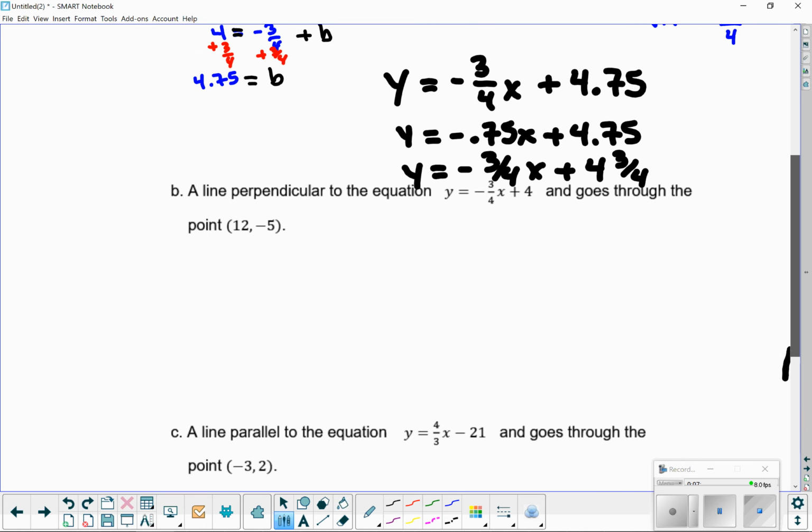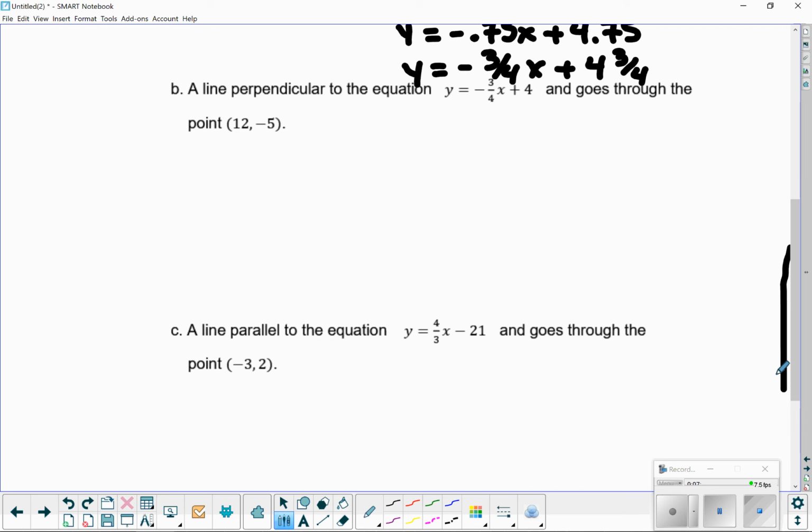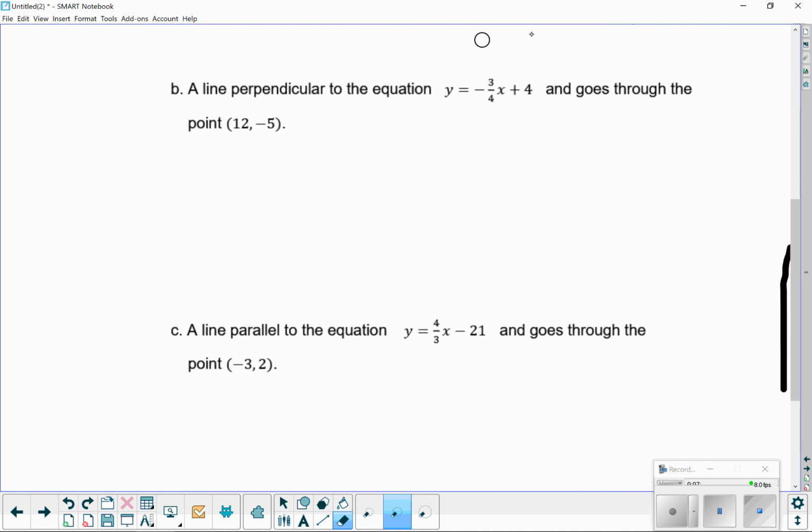Okay, letter B. The line perpendicular to the equation, negative 3/4 x plus 4, and goes through a point, 12, negative 5. Right, because it's perpendicular, we're going to go ahead and use that slope, but we're going to use it with a perpendicular line, which means that it's going to be the opposite. So instead of negative, it's going to be positive, and instead of 3/4, it's going to be 4 over 3.